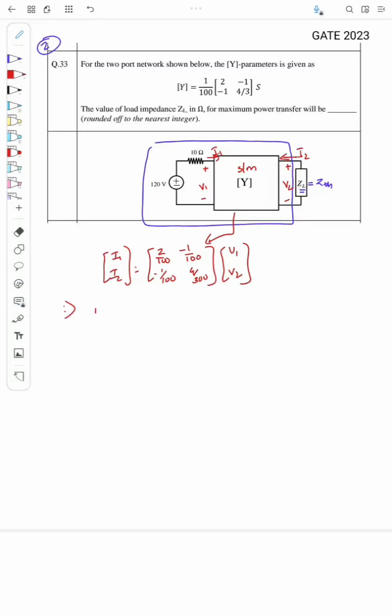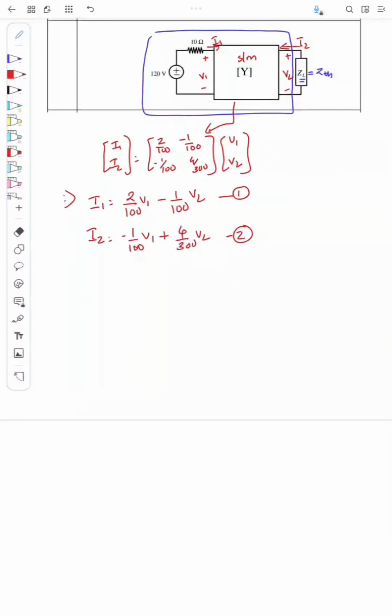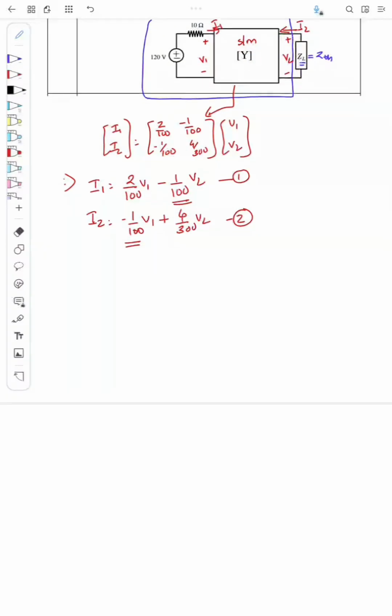If I expand, it will be I1 equal to 2 by 100 V1 minus 1 by 100 V2 and I2 equal to minus 1 by 100 V1 plus 4 by 300 V2. Since Y12 and Y21 are equal, I can draw this two-port network as a pi network.